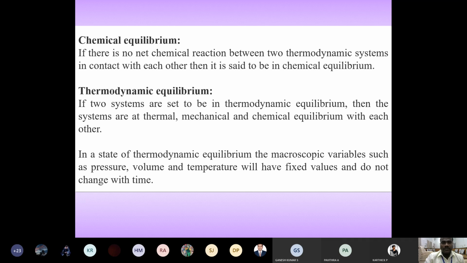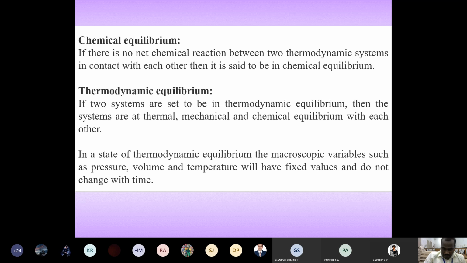So if there is no net chemical reaction between two thermodynamic systems in contact with each other, then it is said to be in chemical equilibrium. So we know what thermal, mechanical, and chemical equilibrium are.